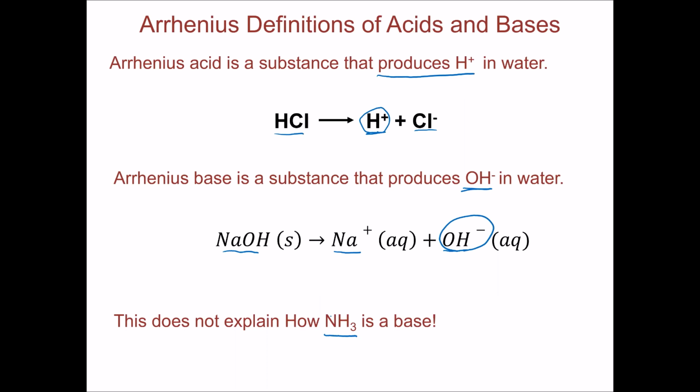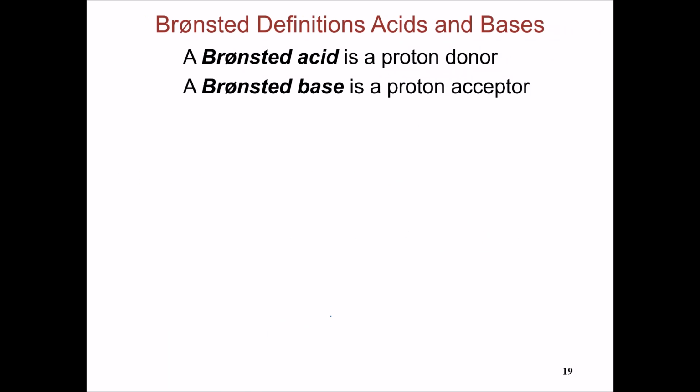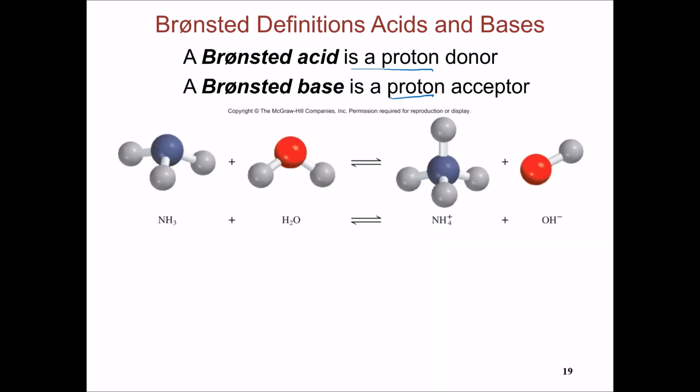So that led us to the second definition of acids and bases, which is the Brønsted definition. An acid is defined as any substance that will donate a proton, and a base is any substance that will accept a proton. So let's explain what this means. When you consider the solution of ammonia in water, water will donate one hydrogen ion to ammonia to produce the ammonium ion and leave behind hydroxide, right?